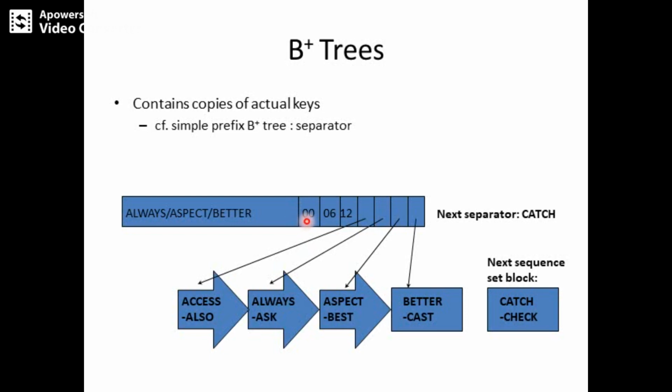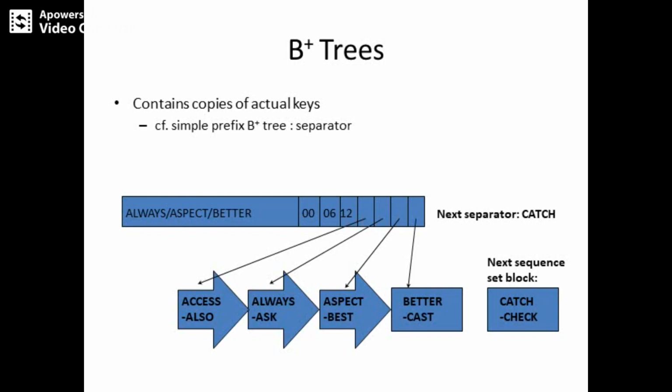The creation of indices, how we have done it: initially for the first key, always, we have 00 as the index. Next, always has 6 characters, so 00 plus 6, you get 6 as the next index. And once again, if you consider aspect, that has 6 characters, so the next index I can write as 12. 6 plus 6, that is 12.